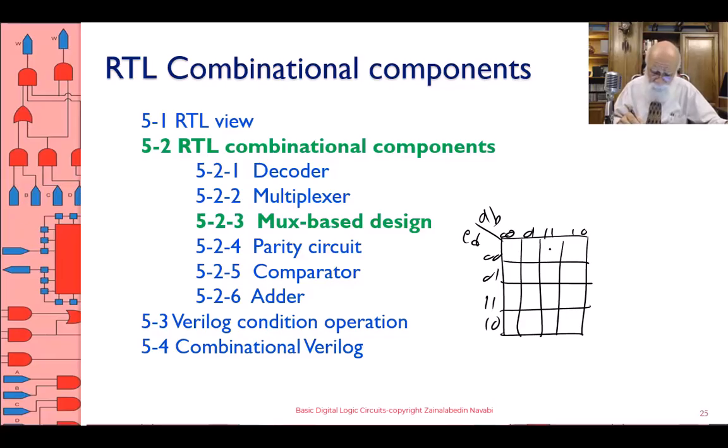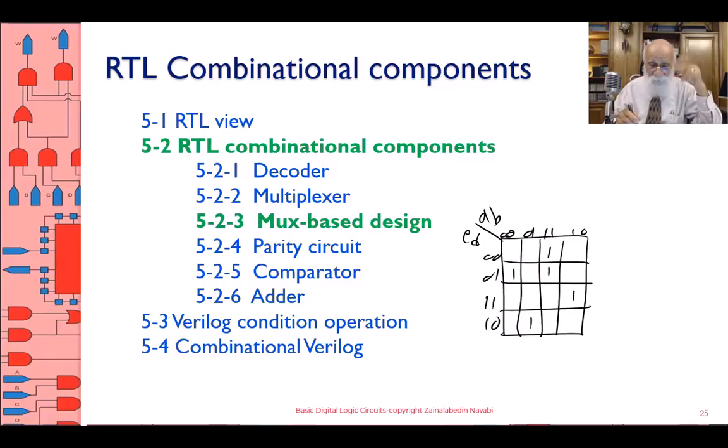Then let's say there are ones here, there are ones that there is no way you can map them together. There are ones that are spread all over the place. This is really not that bad, but anyway, it's just a 4-variable Karnaugh map.